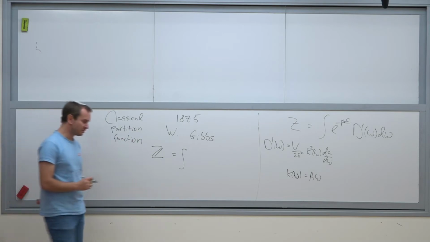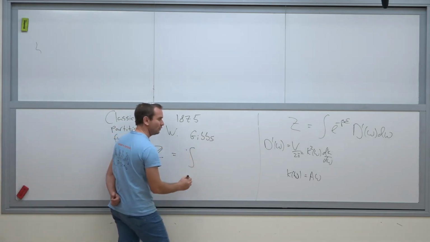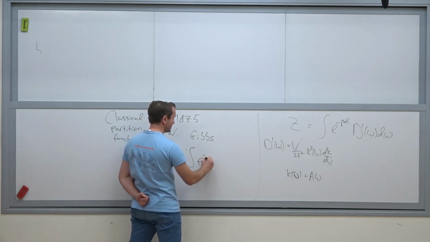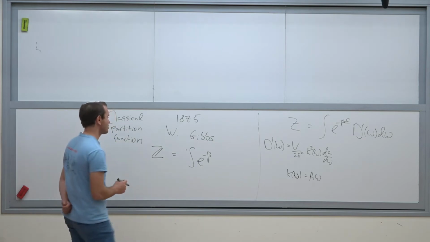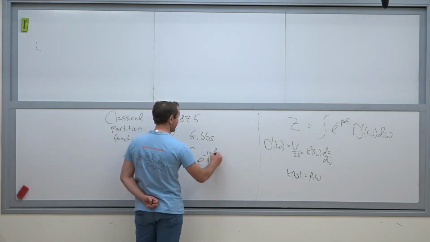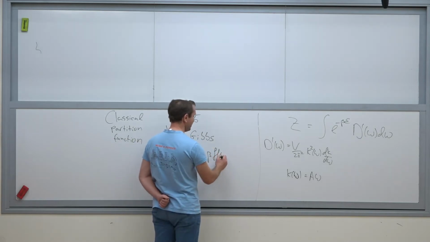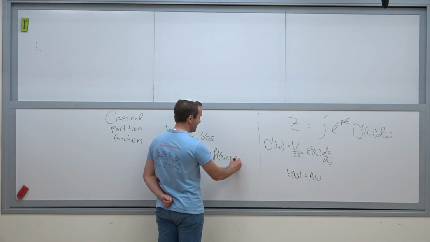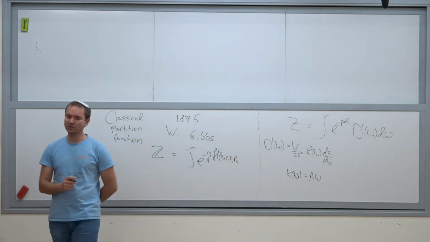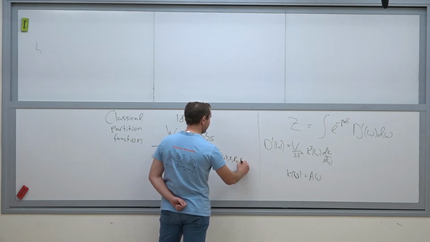In the Gibbs representation, it was an integral of e to the minus beta, where beta was the same beta, 1 over k Boltzmann T, times the Hamiltonian, which is generally a function of x, y, z, and all the conjugate momenta, px, py, and pz.